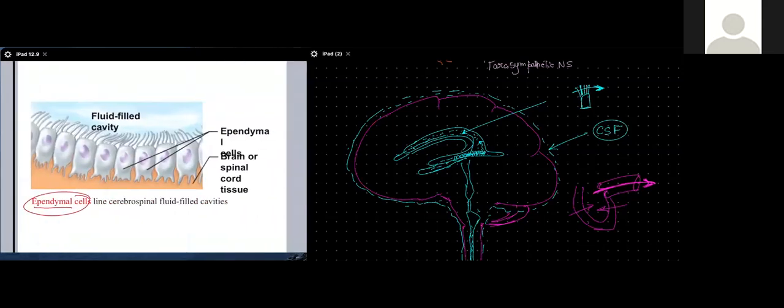A third glial cell, a third supporting cell located in the nervous system, is going to be my ependymal cell. And ependymal cells, as you see on here, are cells with cilia. And the ciliary propulsion is what's going to be pushing the fluid inside the ventricles of the brain and around the brain. And again, this fluid is what we call the cerebrospinal fluid, or CSF.